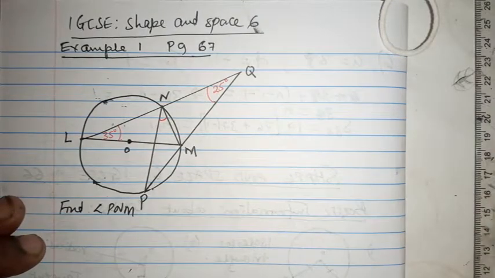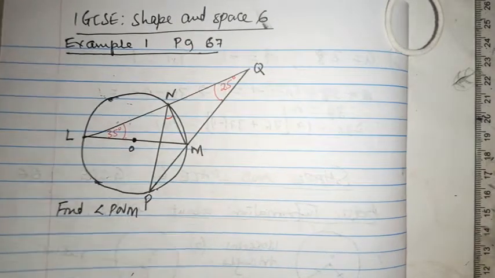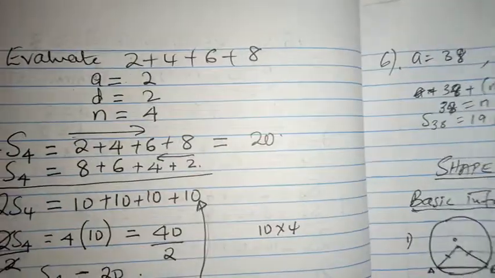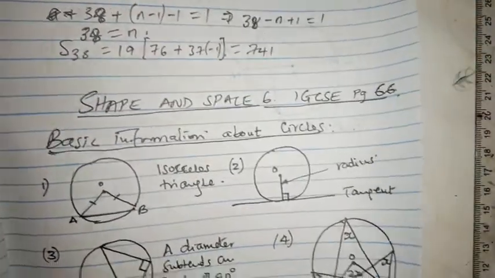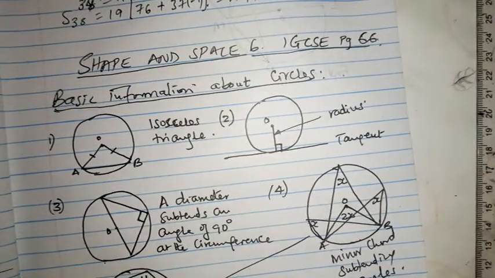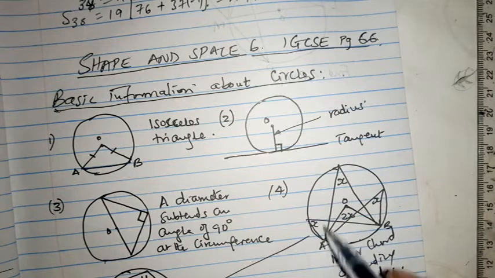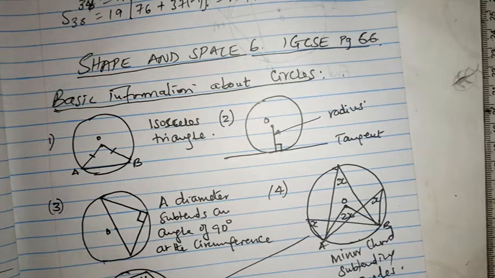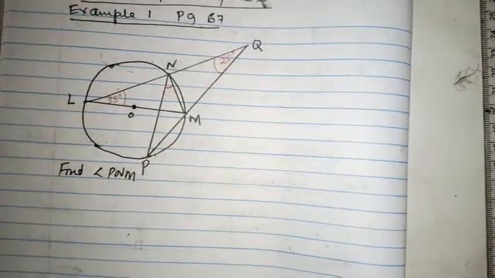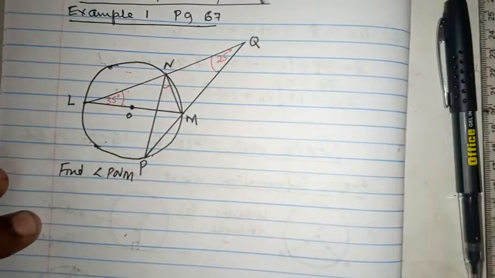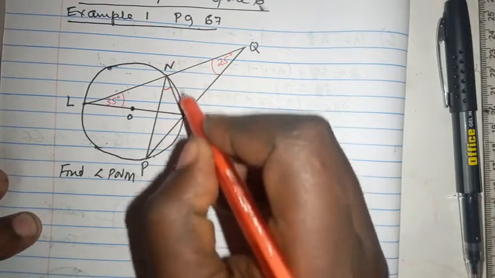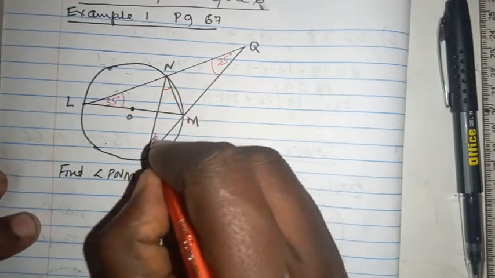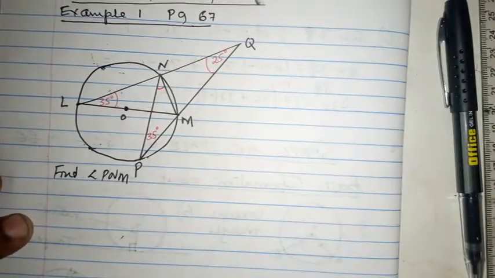If you consult the basic information, you will see that we are dealing with this kind of situation: the chord AB subtending X in the same segment regardless of the position. So this means even this angle, since it is subtended by this chord in the same segment, is also 35 degrees. It goes without saying.